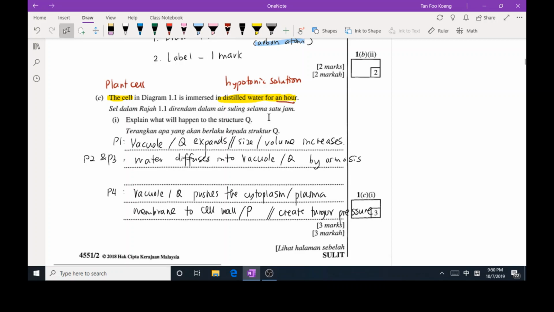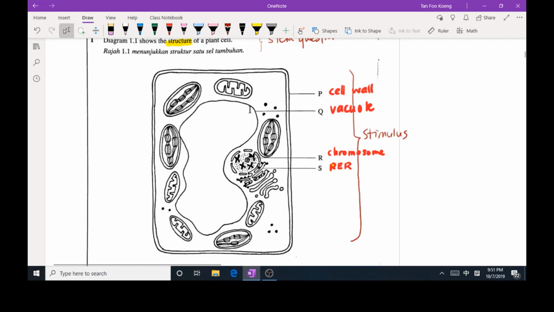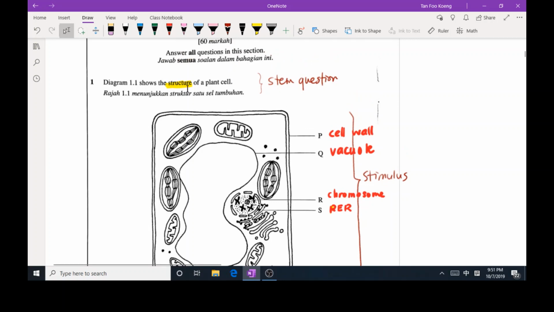Okay, it's long enough. Now C1, explain. My task word here, explain what will happen to structure Q. So this is my task word. This is keyword number 1. We want to know what happens to keyword number 2. So what is Q? Let's recall Q. Okay, Q is vacuole, right? Of course, Q can be tonoplast because the question never states that Q must be an organelle.